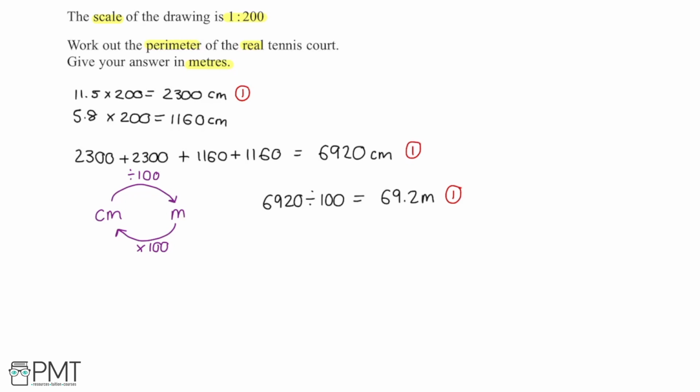Our answer is 69.2 metres. However, any answer in the range of 67.6 to 70.8, this is just allowing for the variation in measurements at the start, is going to get you that final mark there. So that's how the 5 marks for this question were all awarded. They were quite easy to pick up as long as you worked through the question systematically and remembered to convert back into metres at the end.